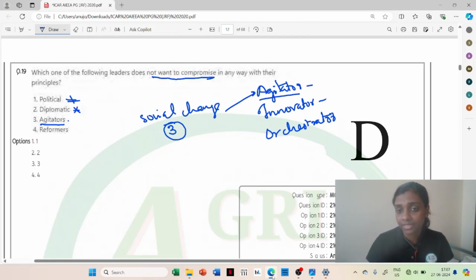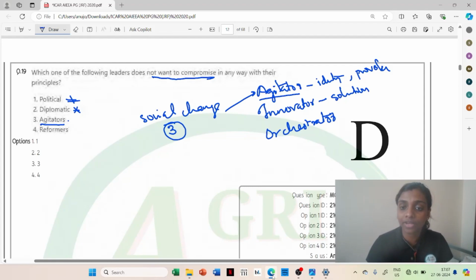Next one is innovator. Innovator means they find some creative solutions for the grievances which are identified by the agitators. So agitators identify the grievances and provoke the crowd. Innovators find creative solutions to these problems.